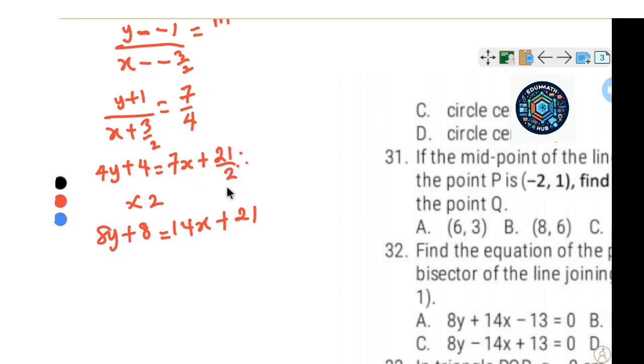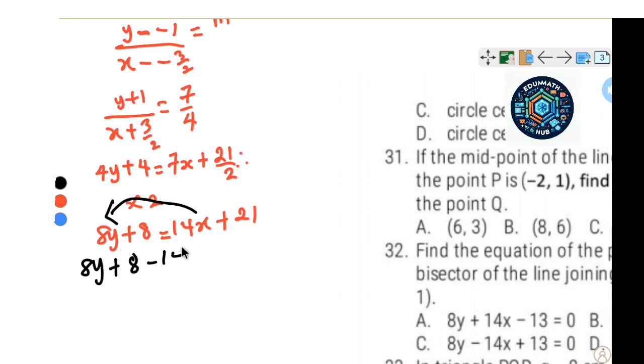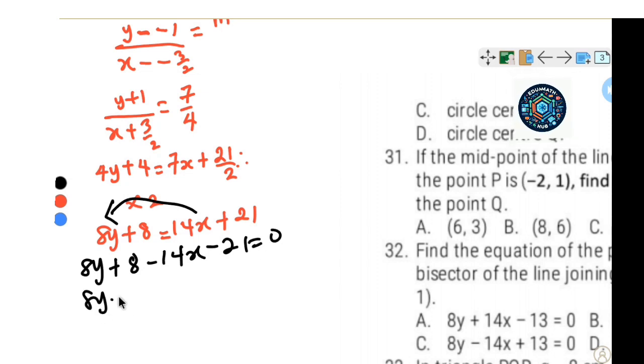From here, you can now rearrange. Don't forget everything must be equal to 0. So bring all these terms to this side. So you have 8y plus 8 minus 14x minus 21 is equal to 0. So you have 8y minus 14x minus 21 plus 8 is equal to 0.